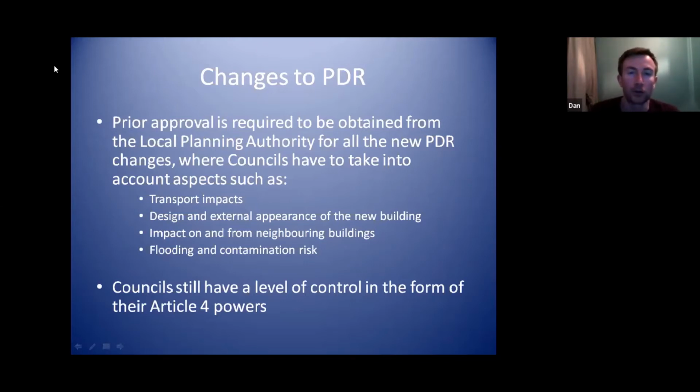But local authorities could, for example, put an Article 4 direction on their city centres and say permitted development rights from office to residential don't exist, and you would always have to apply for planning permission in those sorts of areas. So they still do have their powers under that if they wanted to impose them in certain areas of the city or the town. So in a nutshell, that is all the permitted development right changes.